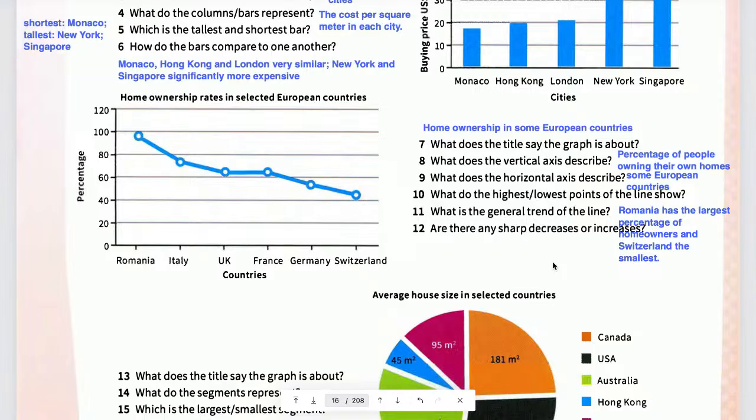So, from the highest point in the line chart, we can see Romania has the largest percentage of homeowners, and Switzerland, on the other hand, has the smallest percentage. The percentage of what? That is the percentage of homeowners, not the percentage of the country or of anything else.